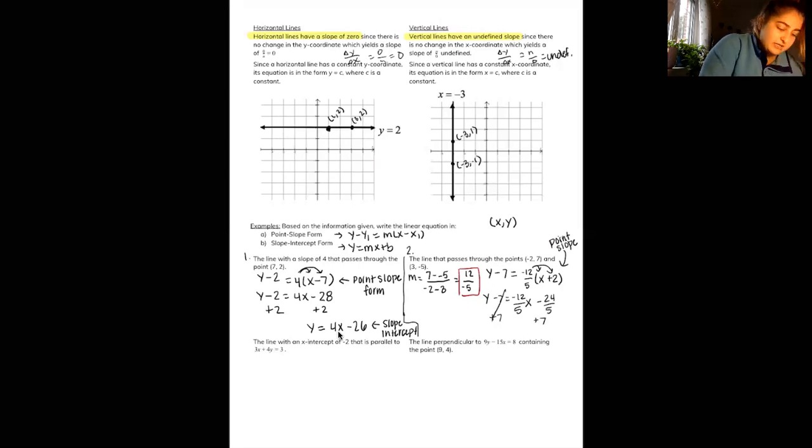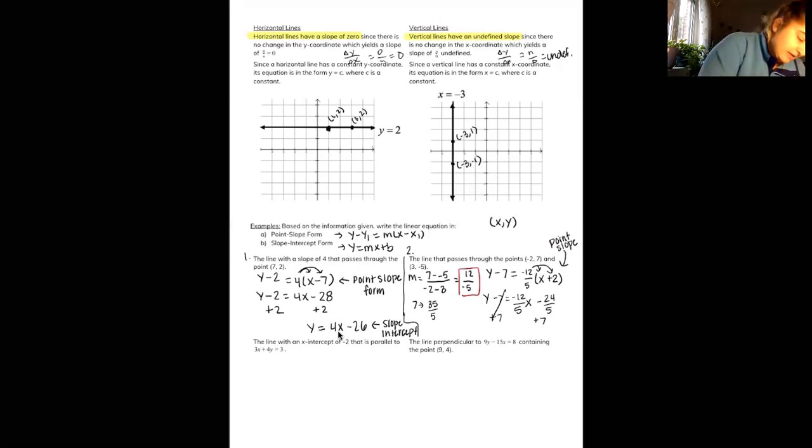What's important is that we need to figure out what 7 is so that there's a 5 on the bottom. Like how many fifths are 7? So I'm just going to write a little note over here: 7 is also equal to 35 over 5.